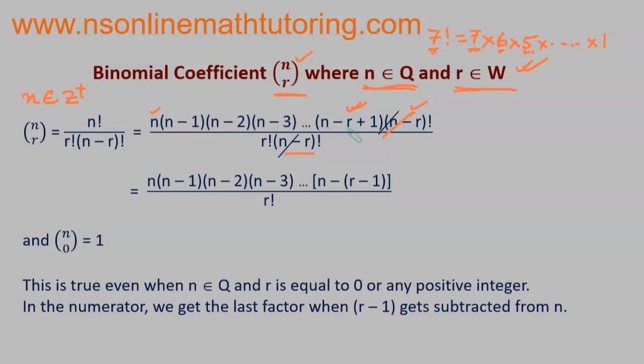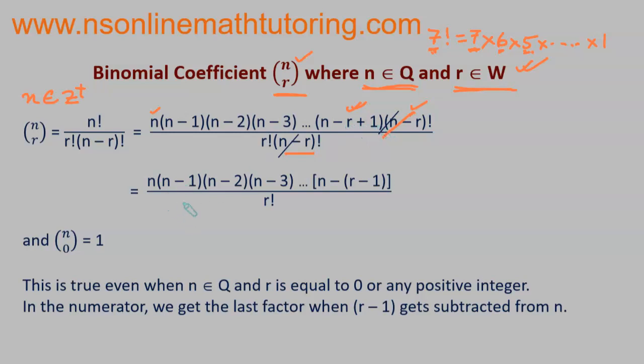It is obviously n minus r plus 1, because n minus r plus 1 and then minus 1 will give you n minus r as the succeeding factor. So, it is n times n minus 1 times n minus 2 continues, and the last factor is n minus r plus 1.